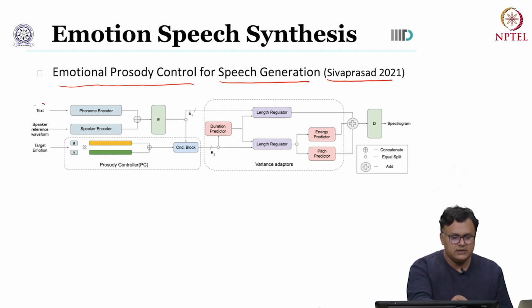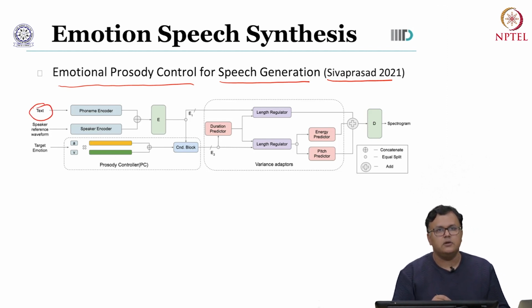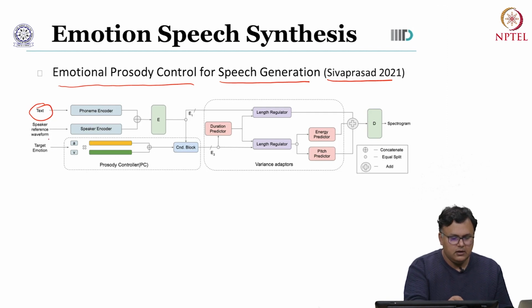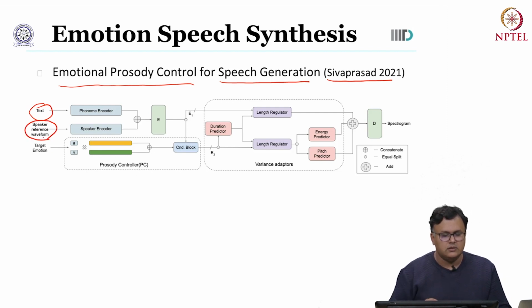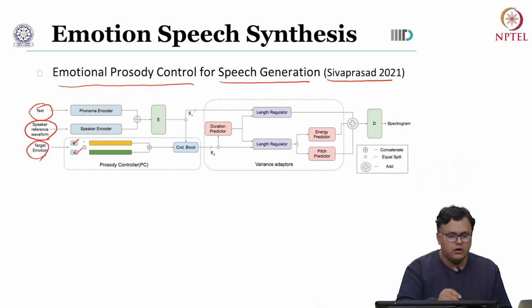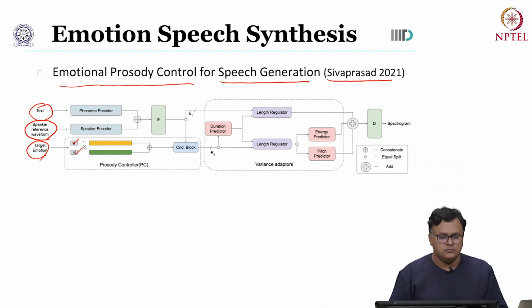So what we have here is first the text input. This is the text against which we are going to generate the speech. Then we have the second input, which is the speaker style. So this is the speaker reference waveform. And third, friends, is your target emotion, the value for arousal and valence.